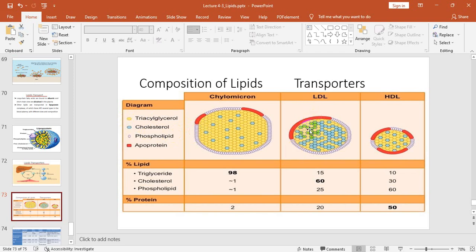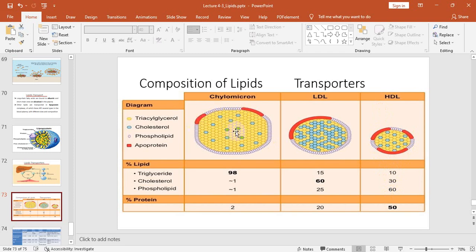So low density lipoprotein, which is bad cholesterol, has a lot of cholesterol in the blue. Then the high density has low cholesterol, low triglyceride, but more protein. The protein is the red color. So it is a good cholesterol. But the chylomicron has low cholesterol but high triglyceride and low protein.